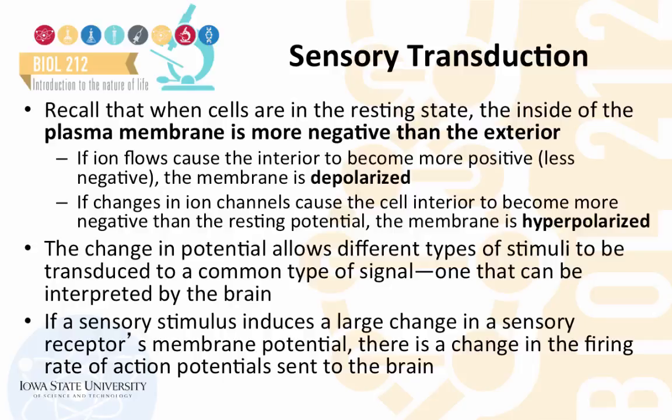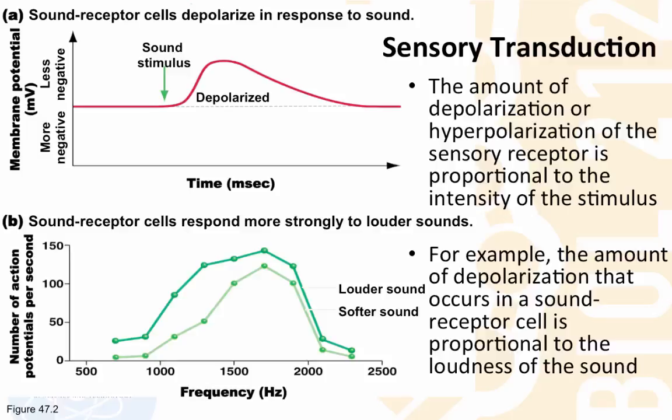If a sensory stimulus induces a large change in a sensory receptor's membrane potential, there is a change in the firing rate of action potentials sent to the brain. The amount of hyperpolarization or depolarization of the sensory receptor is proportional to the intensity of the stimulus.